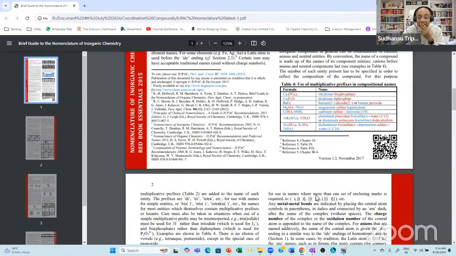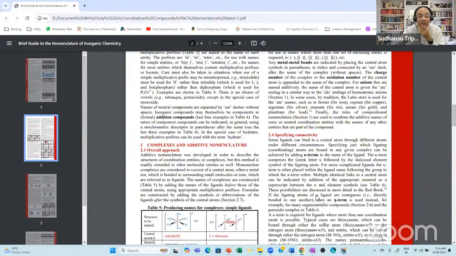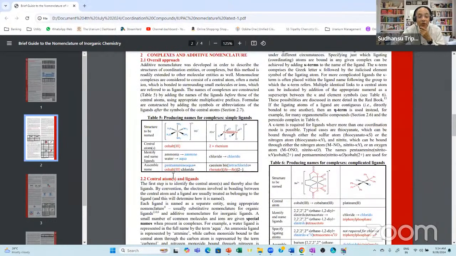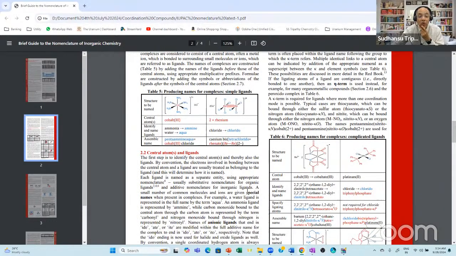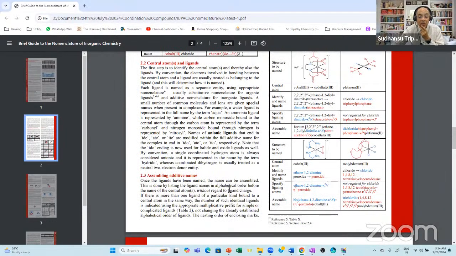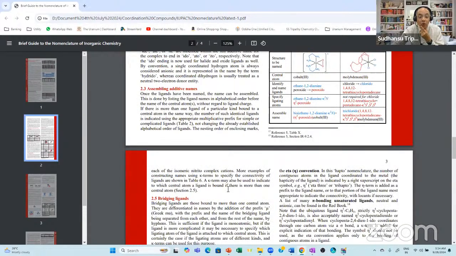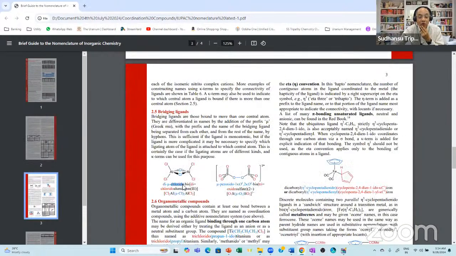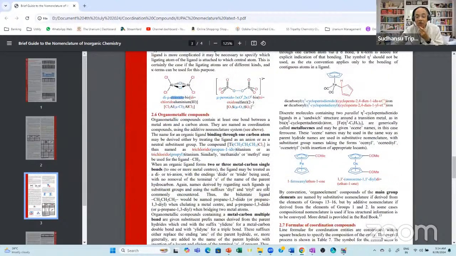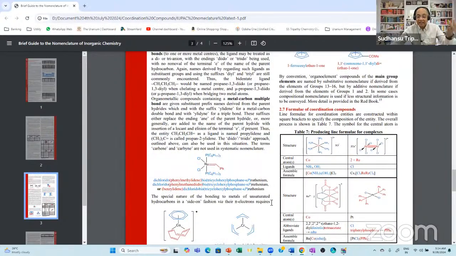Here you find chlorido, not chloro. There is no chlorobromoiodo or cyan; it is cyanido, chlorido. So this is the latest guideline directly from the IUPAC source.